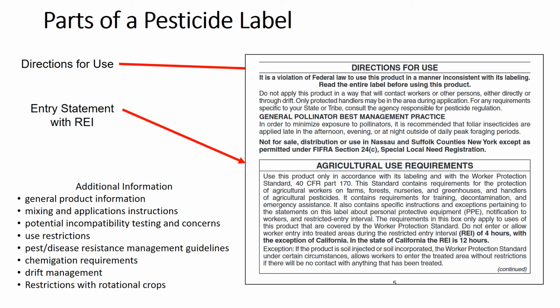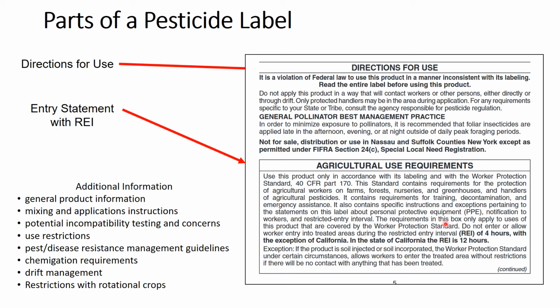Directions for use. Like we said earlier, this is the law. Any time you go off label without having the proper documentation, you're breaking the law essentially. Correct. And we've talked about it in a previous presentation about the record keeping, but this agricultural use requirement section has a lot of vital information, but it's the one area where we see the REI.